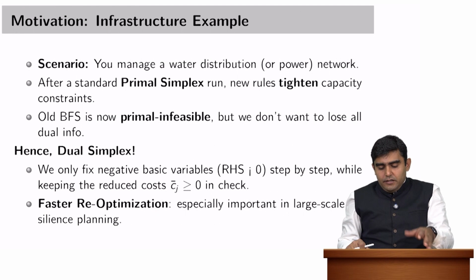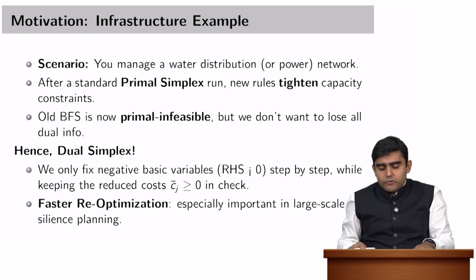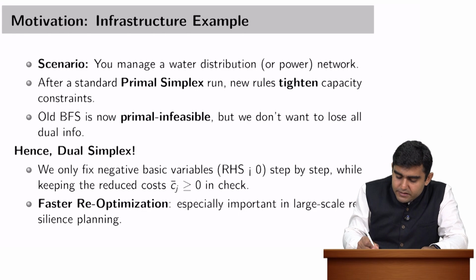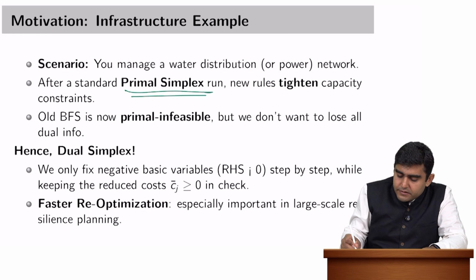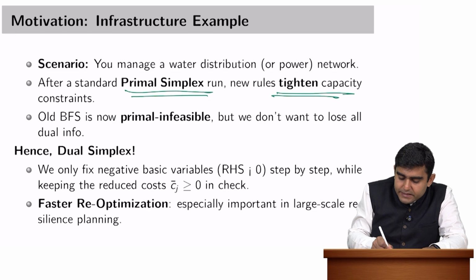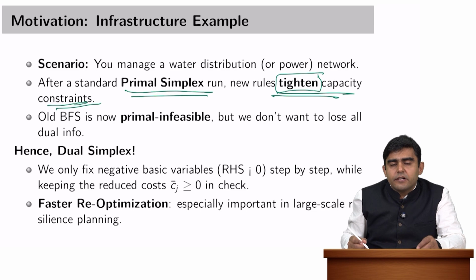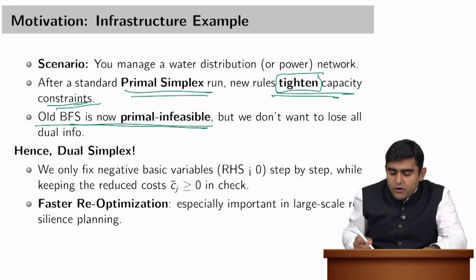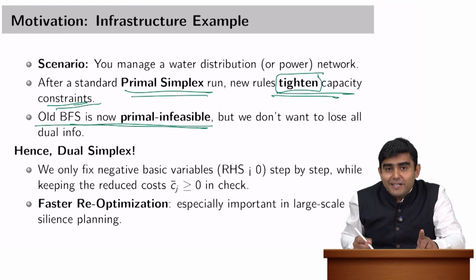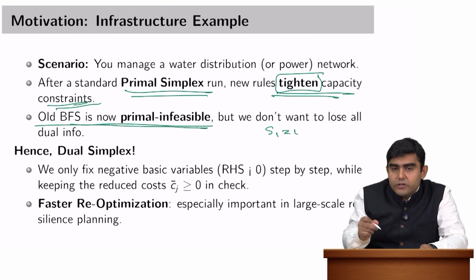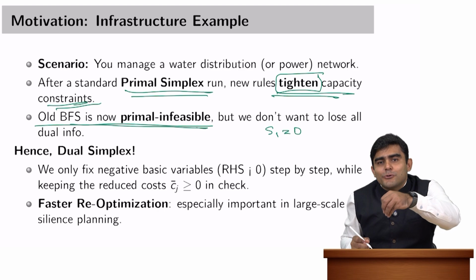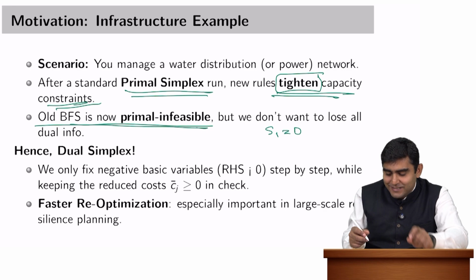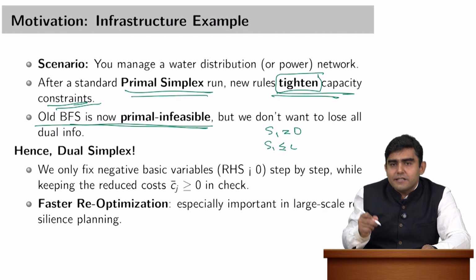So again, a very related example that I have tried to put in more formal words, that you imagine a scenario that you are managing a water distribution network. After a standard primal simplex run, new rules tighten the capacity constraints. The word tightening means that it reduces the capacity constraints. Now the old basic feasible solution is now primal infeasible. Why? Because their slack was equal to 0. The moment you take any resource away from that binding equation, your slack becomes less than 0.